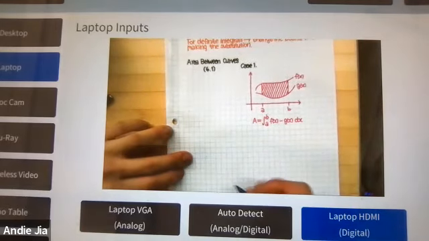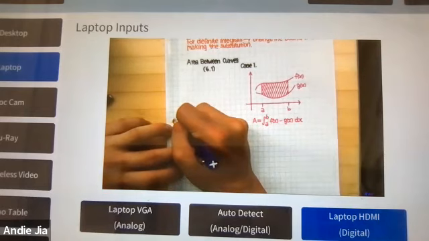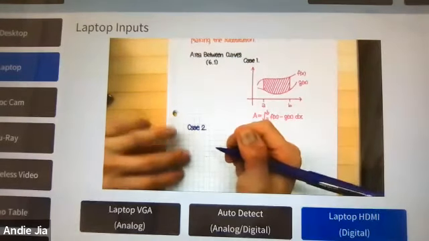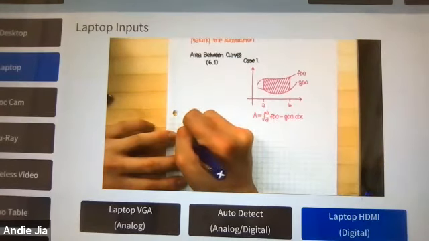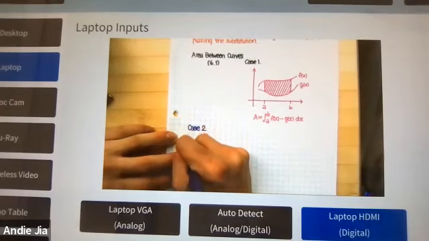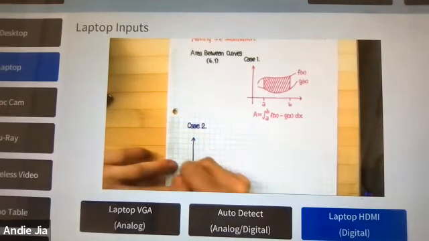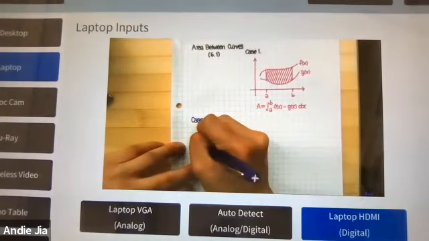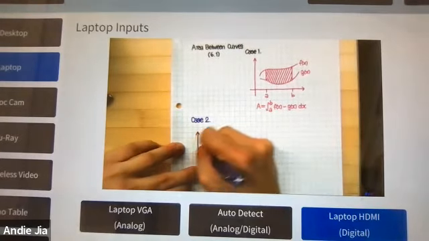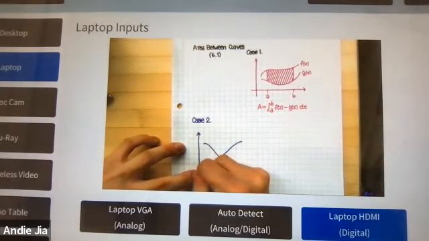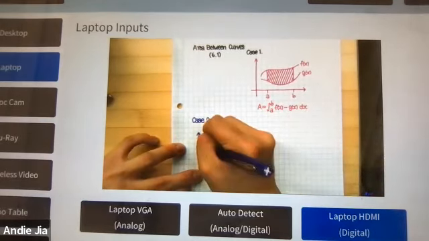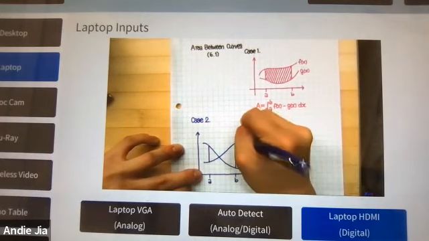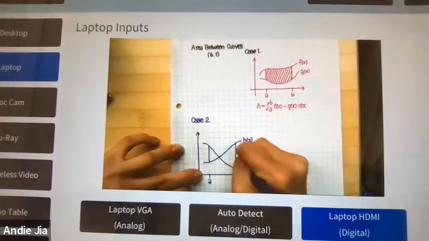So case 2 is when we have a function, for example, here, a and b, and this is going to be h of x, j of x.